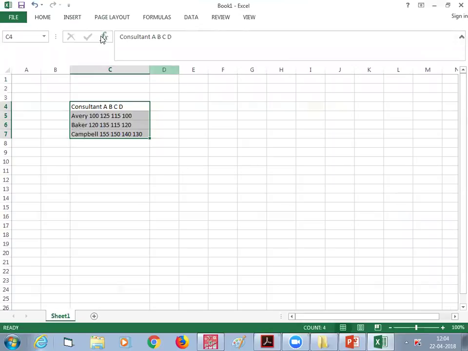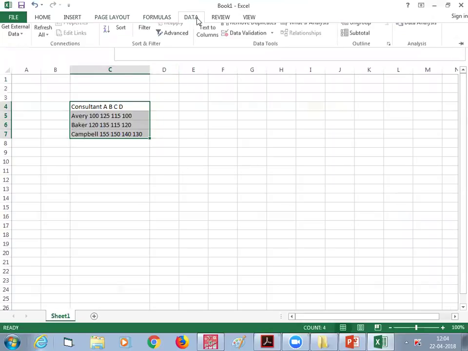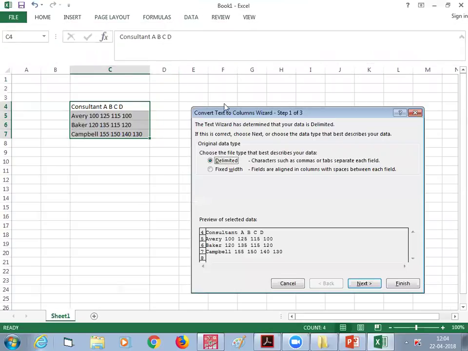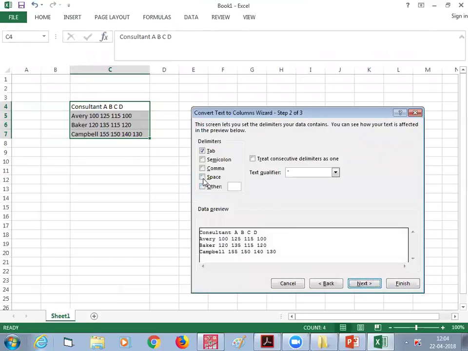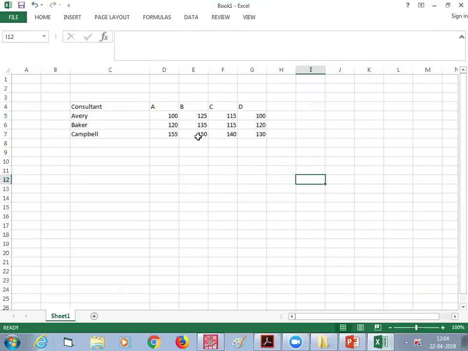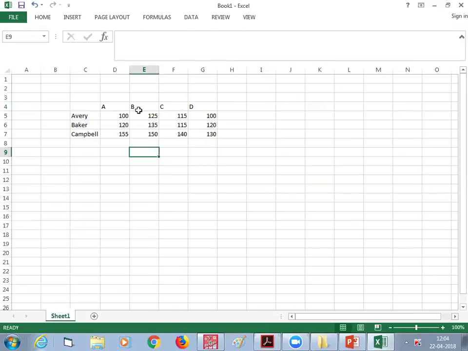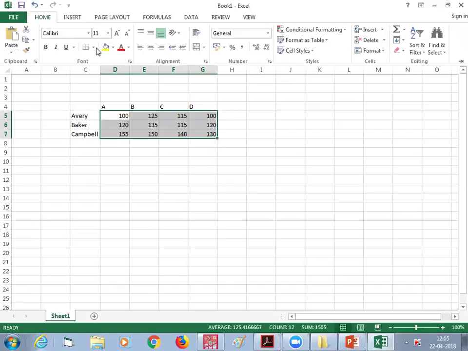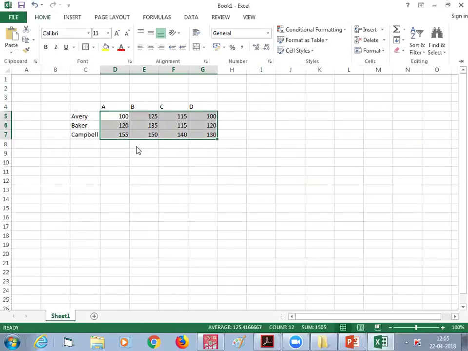We can separate it by using text to columns. Go to text to columns, and everything has a space in between, so if you put space as the delimiter, it will all come out fine. It looks bad, but it wasn't so bad. So these are the rates, not costs.